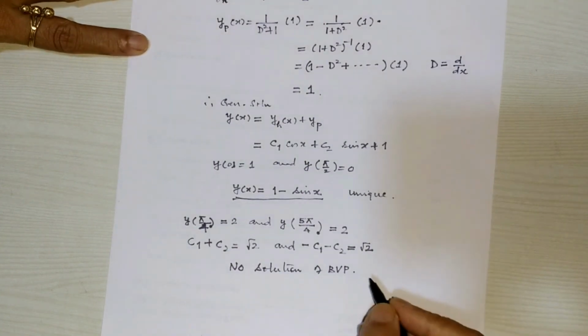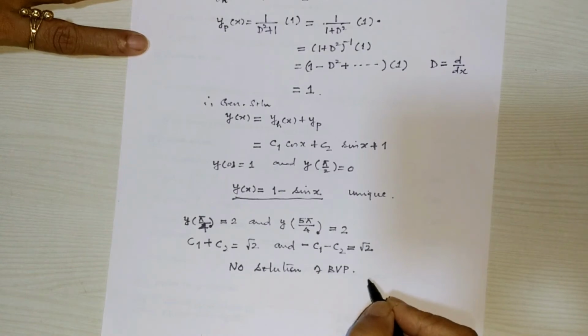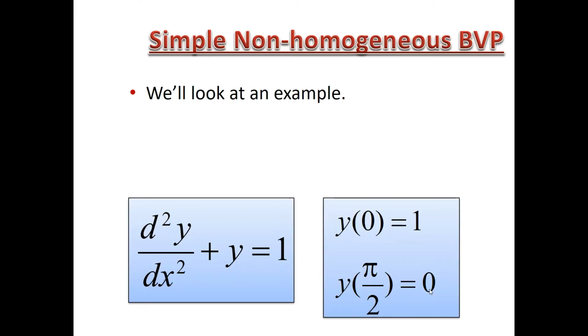There can be a unique solution, there can be no solution at all, or there can be an infinite number of solutions as we have seen in eigenvalue problems. Thus we have seen through these solutions that with small changes in boundary conditions the boundary value problem may or may not have a solution.